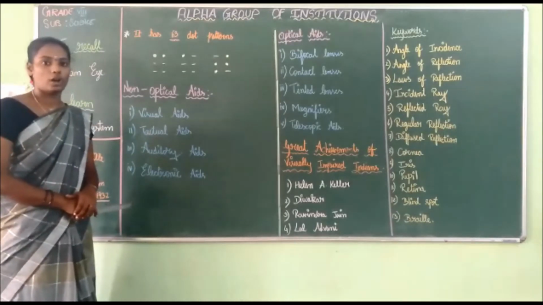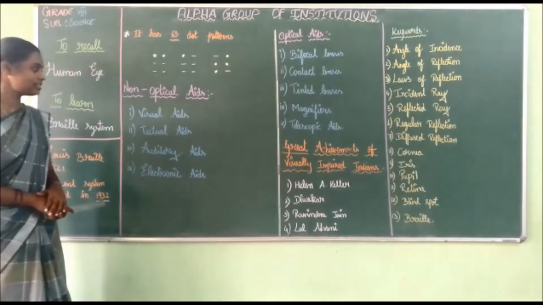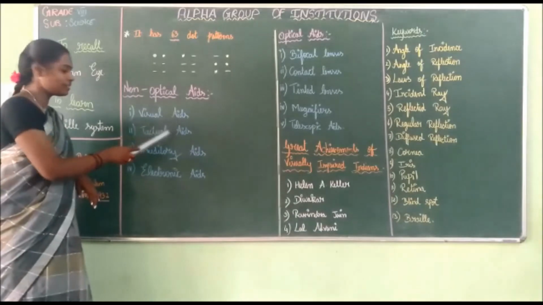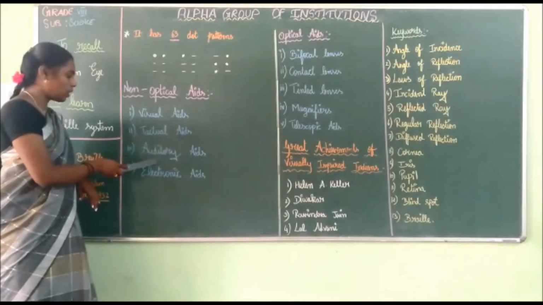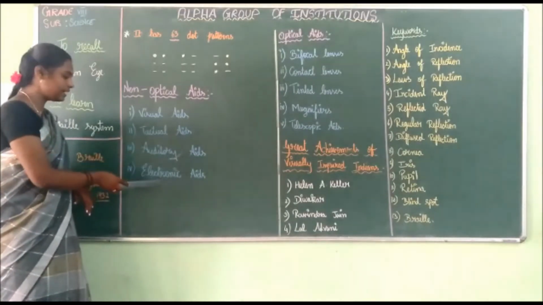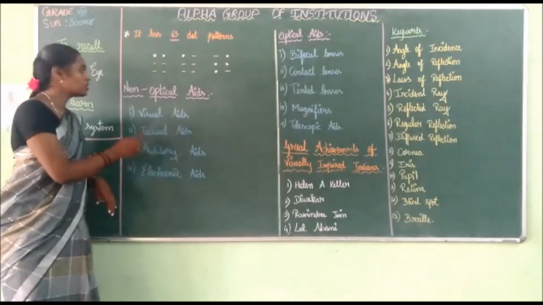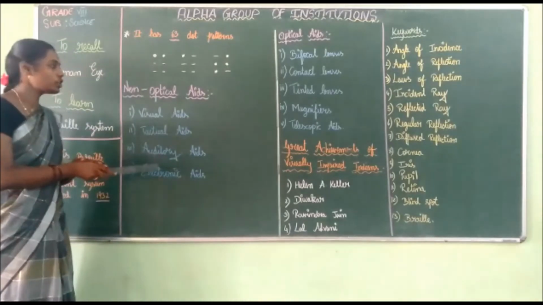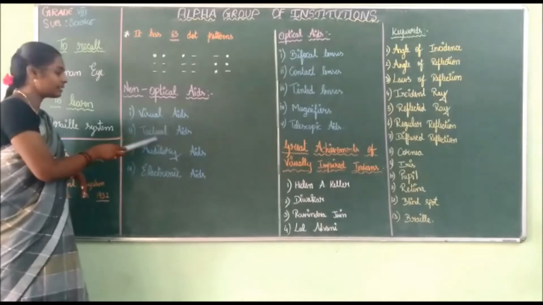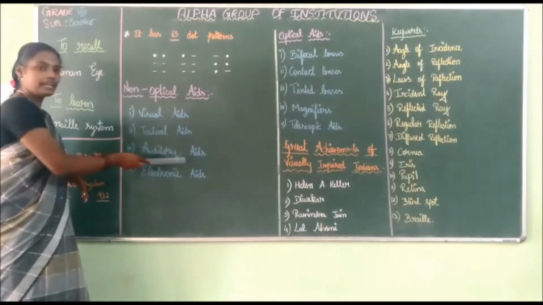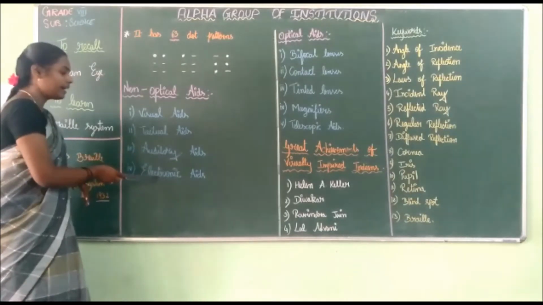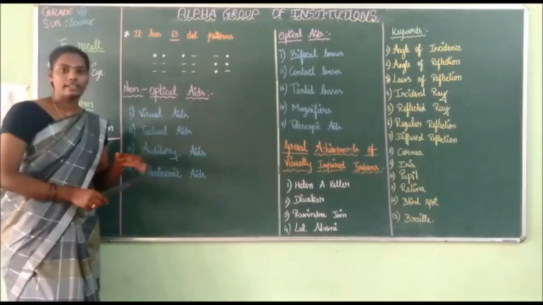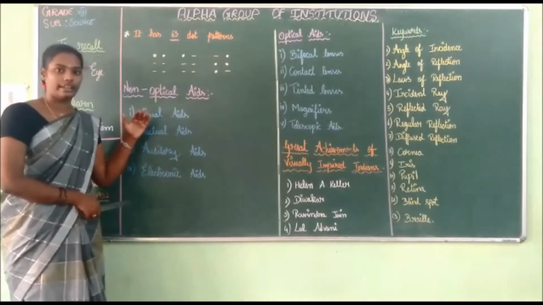Non-optical aids consist of visual aids, tactile aids, auditory aids, and finally electronic aids. Okay, let us discuss the aids one by one.